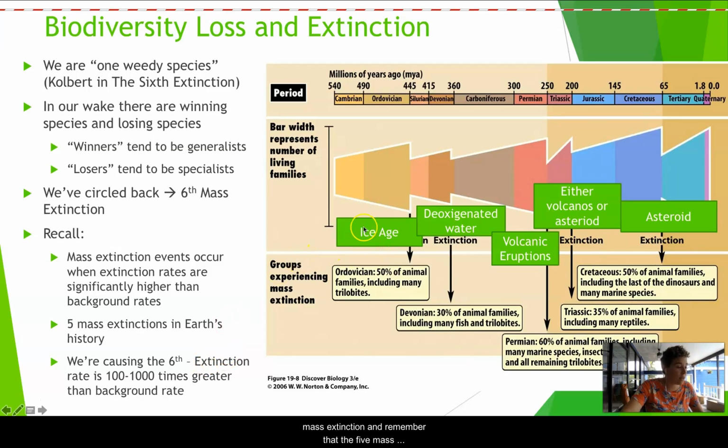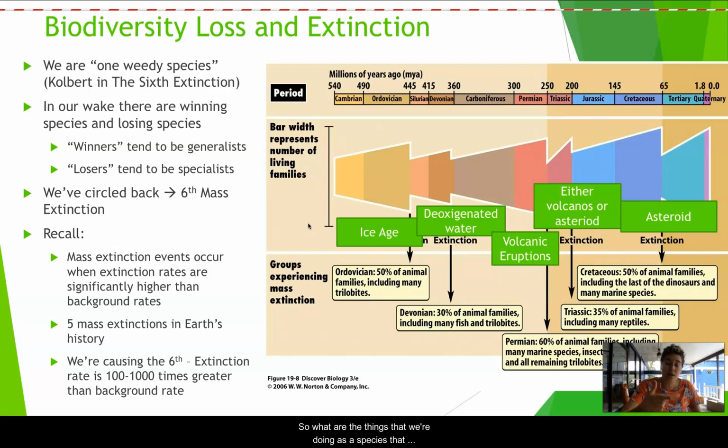And remember that the 5 mass extinctions we've had before have all been natural, quote-unquote, geologic causes or something of the like, such as ice ages, deoxygenated water, volcanic eruptions, and asteroids. And the 6th mass extinction is happening because of this one weedy species, aka you and me. And the extinction rate now is between 100 and 1,000 times greater than the background extinction rate, which is how we know we are in the midst of a mass extinction.